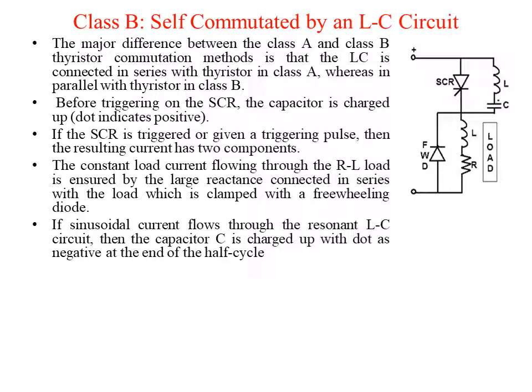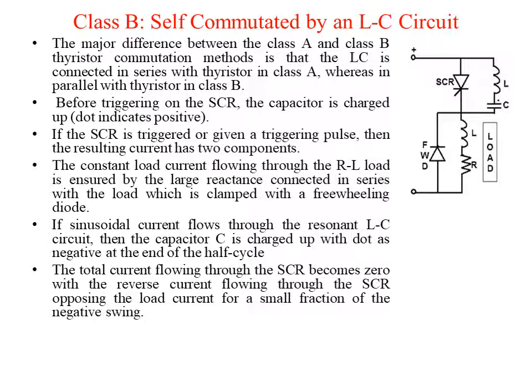If sinusoidal current flows through the resonant LC circuit, then the capacitor is charged up with the dot as negative at the end of the half cycle. So during the positive half cycle, the capacitor is charged with the dot positive, and during the negative half cycle, when the current flows through the resonance circuit LC, the capacitor is charged with the dot as negative at the end of the half cycle.